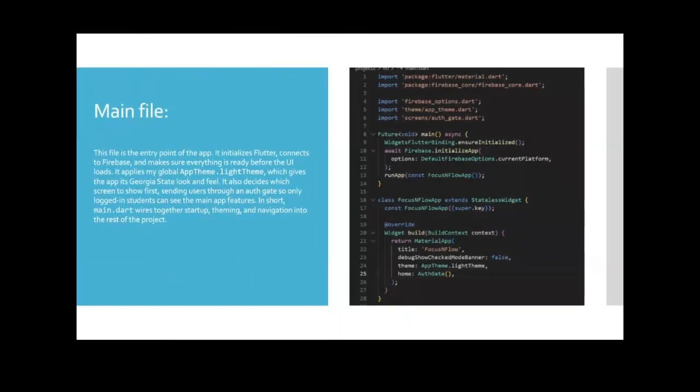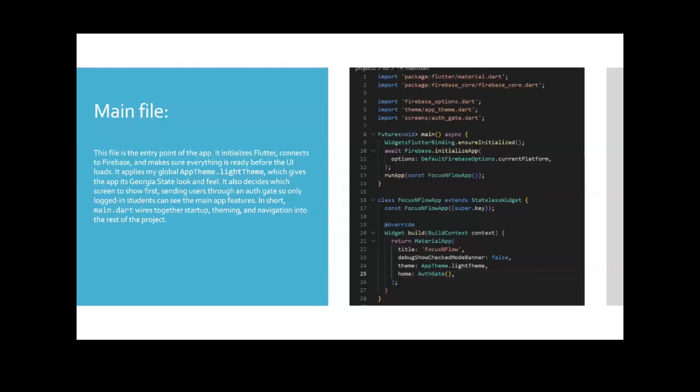Okay, so on to our most important bits of code. We have many, many files, as you will see when we show VS Code. It's around 20 key files, but we wanted to focus on the main 8 to 10 files that really show what our app is as a whole. So starting off strong, we have our main file. This file is obviously the entry point of our app.